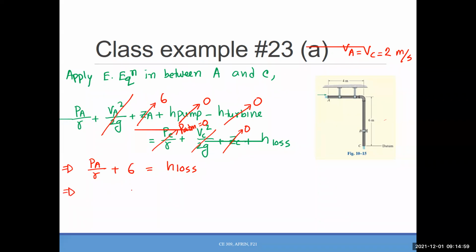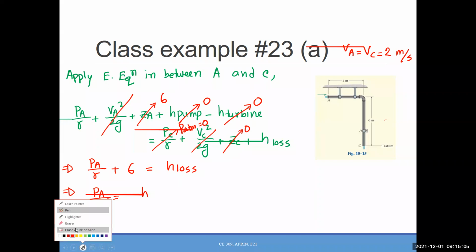And since we are trying to find P_A, let's rearrange this equation.